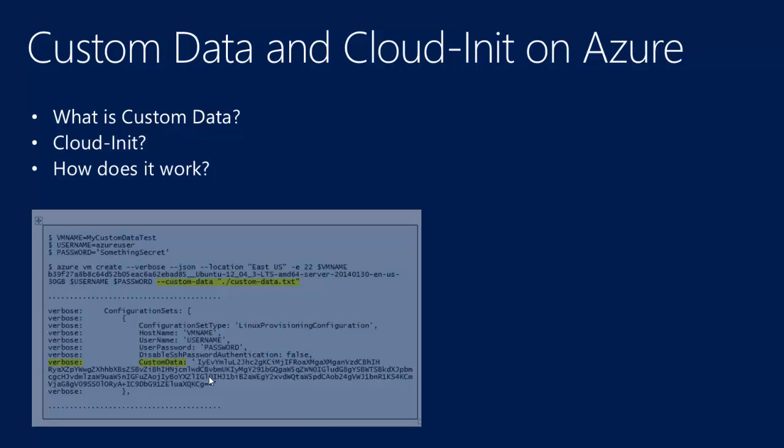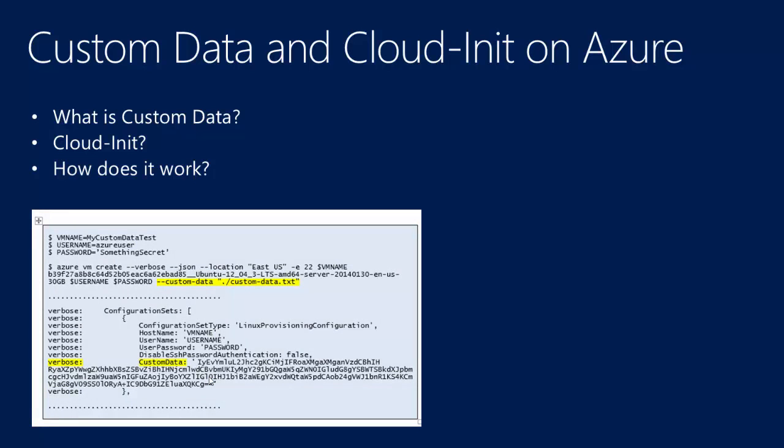And let me show you an example. In this example, the custom data text file could be a Cloud Init configuration file, or it can even simply be a shell script. If you provide this information, it will be run during the provisioning of the Linux virtual machine in Azure.